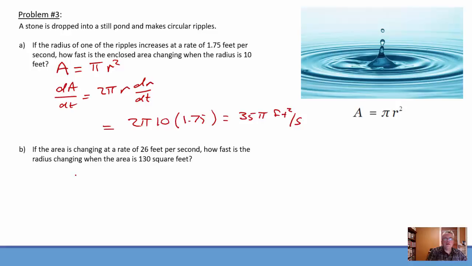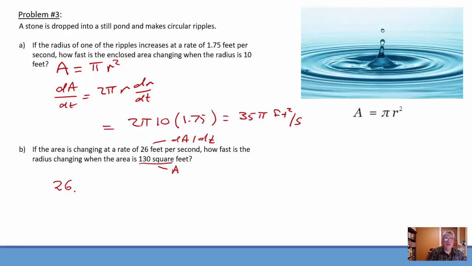Okay, now if the area is changing at a rate of 26 feet per second, so they gave us the dA/dt in this problem. How fast is the radius changing when the area is 130 square feet? Okay, so let's use the same formula. The dA/dt is 26, it should be square feet per second.